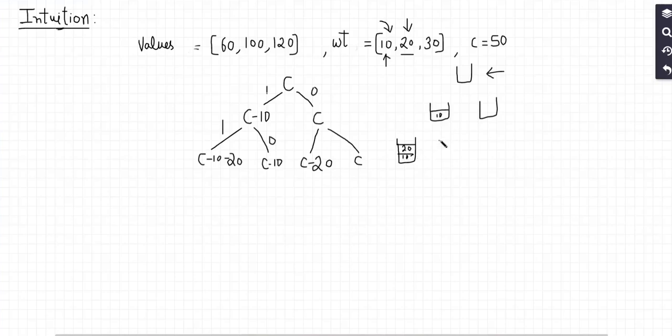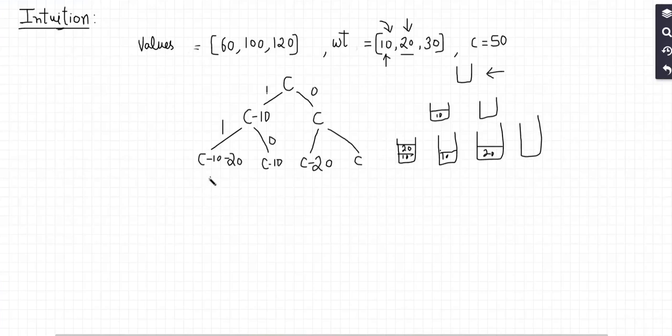The second state is that we have item number 1 only, that means we have an item with weight 10 inside. Then the third state is that we have item number 2 inside and it has weight 20. Then the final state is that we haven't put even a single item into the knapsack and the knapsack is empty. So these are the 4 states.